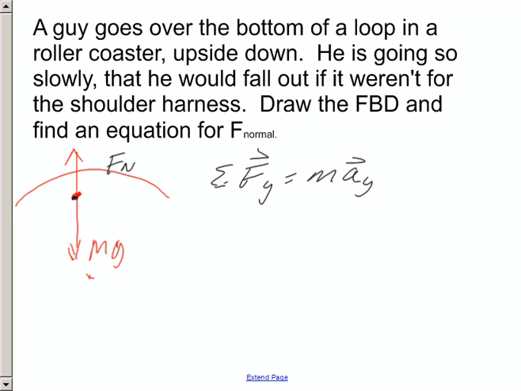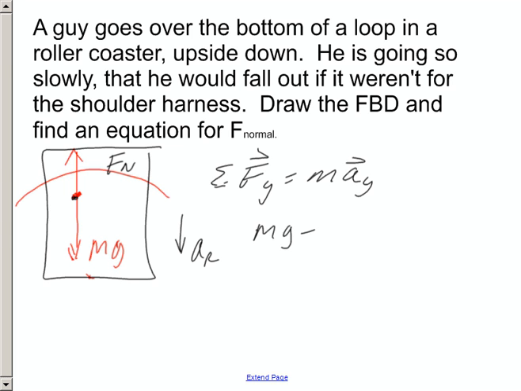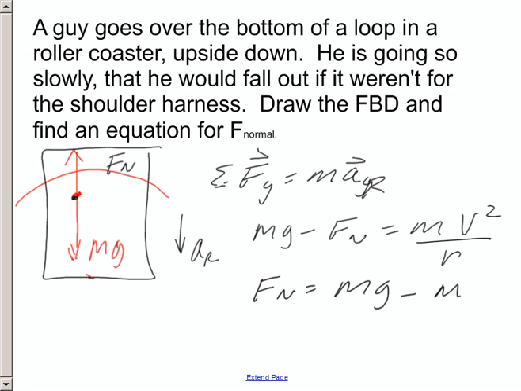Okay, so since the acceleration is going to be in this direction, radial, then we would say mg minus F_N equals ma_y, which is actually ma radial, and that would be mv squared over r. So the normal force here is going to be equal to mg minus mv squared over r.